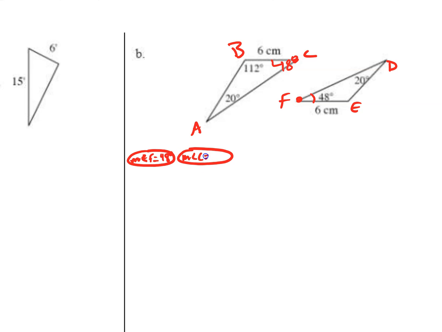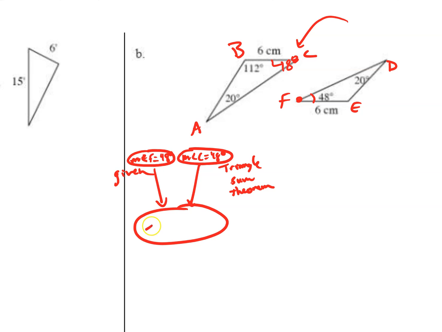Measure of angle C equals 48. F we knew from the start, that was given. But to get C, we had to calculate it, using the triangle sum theorem. So if two angles have the same degree measure, then they are congruent. Angle F is congruent to angle C. This is the definition of congruence.